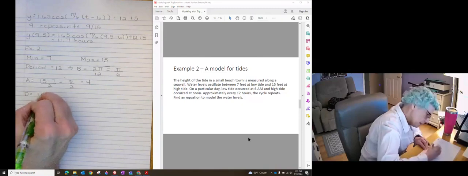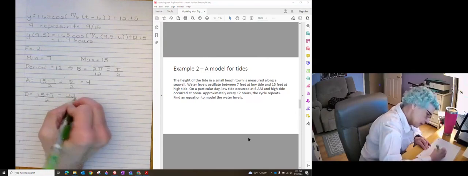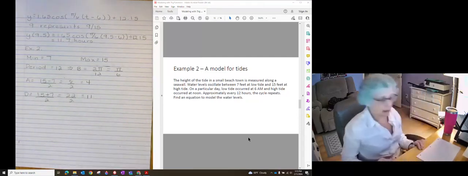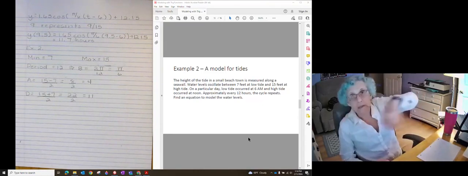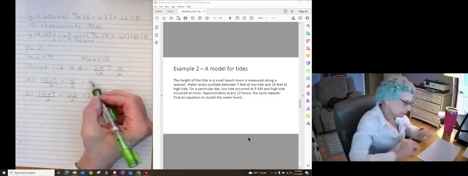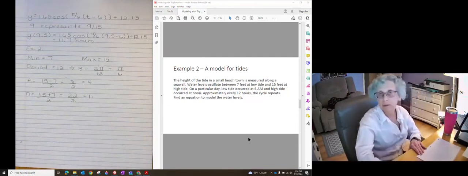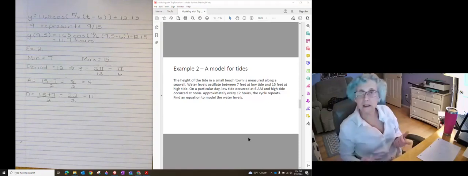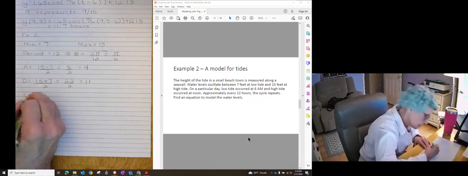And D is 15 plus 7 over 2, which is 22 over 2, which is 11. So the midline is 11. It goes up 4 units to get to its max, down 4 units to get to its min. And we're going to let T equal hours since 6 a.m. So you have to define what your T is.